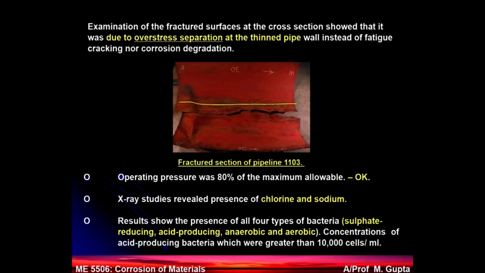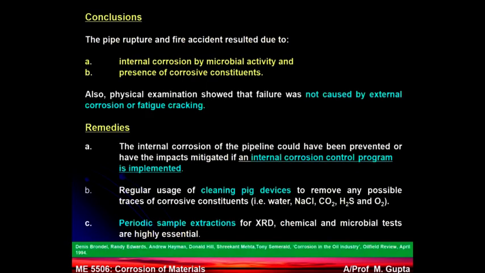So the operating pressure was okay, 80% which is allowed. When they did some X-ray studies, they found the presence of chlorine and sodium, and they found sulfate-reducing bacteria, acid-producing bacteria, anaerobic bacteria, and aerobic bacteria. So they found all kinds of bacteria in these pipes.